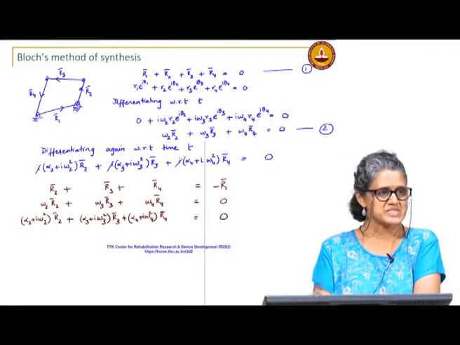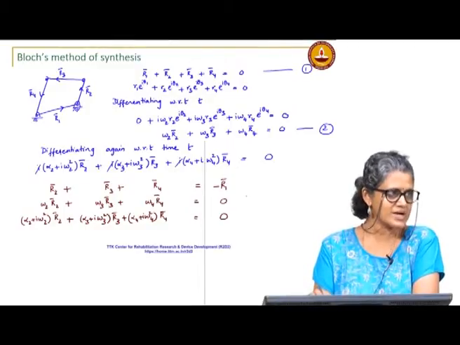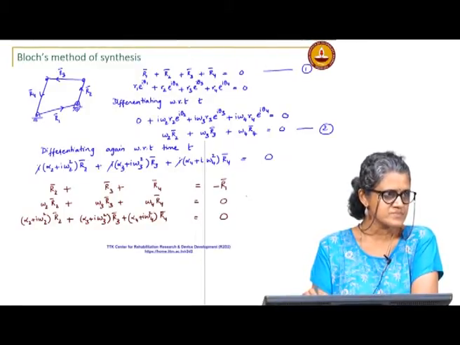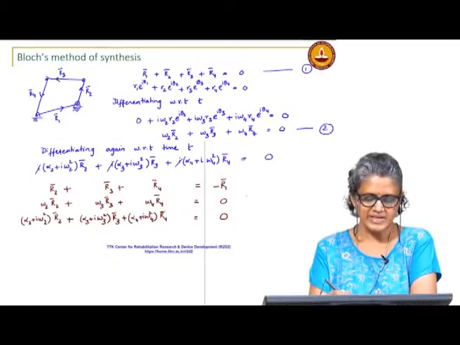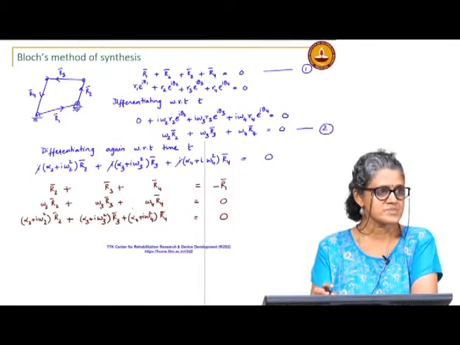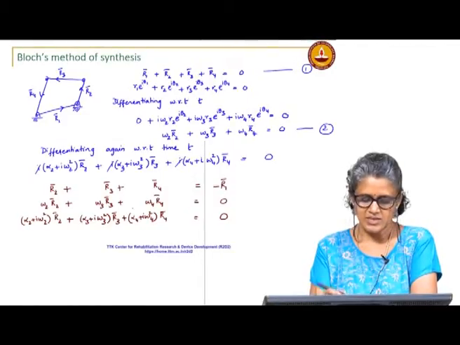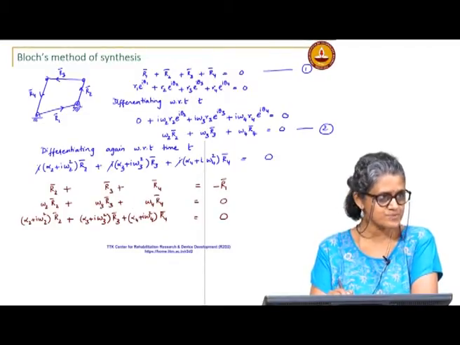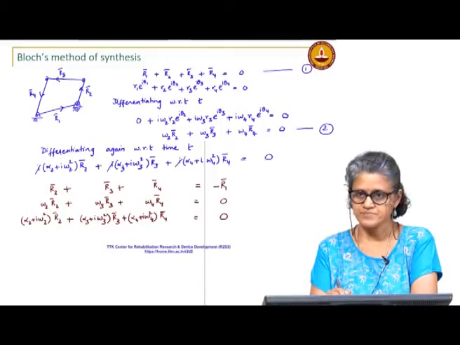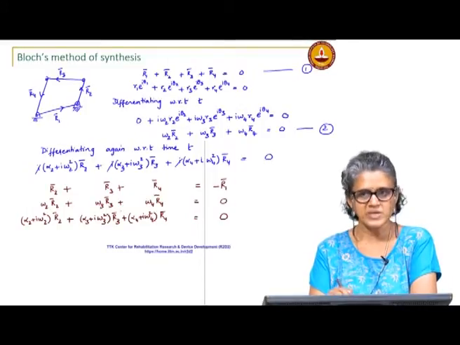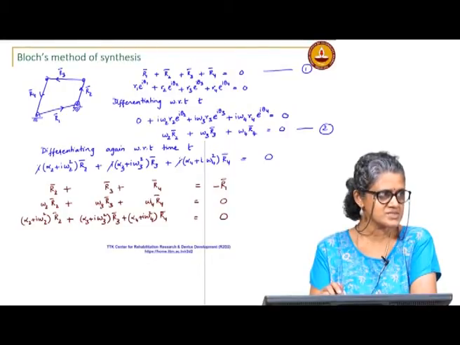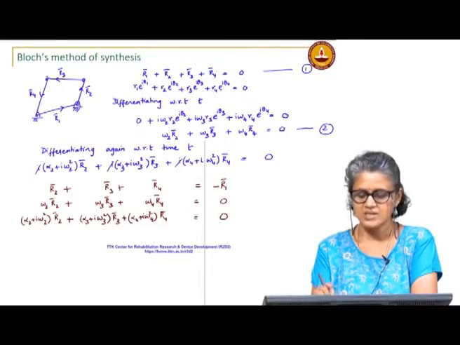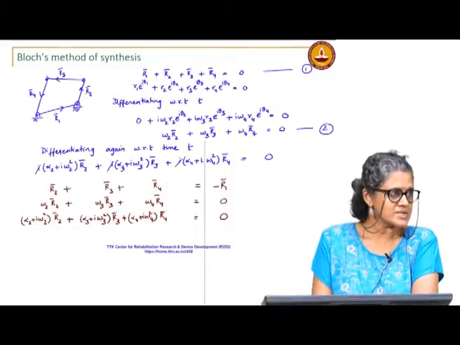So, if I specify, if I choose R1, I get a set of linear equations in R2, R3 and R4. They have complex coefficients, but nevertheless it is a set of linear equations in R2, R3 and R4.